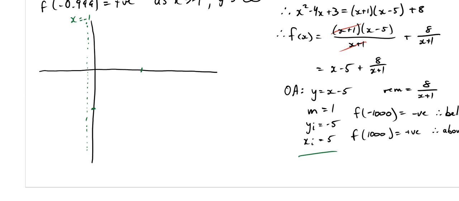If you put this one way out here and this one here, that's not actually wrong because maybe your scale is different, so I'm not going to take a mark out, but it's worthwhile thinking about where approximately you're putting your intercepts. I'm going to use a ruler for this. So that's my oblique asymptote. It should be dotted, but it's hard for me to do that on the computer.